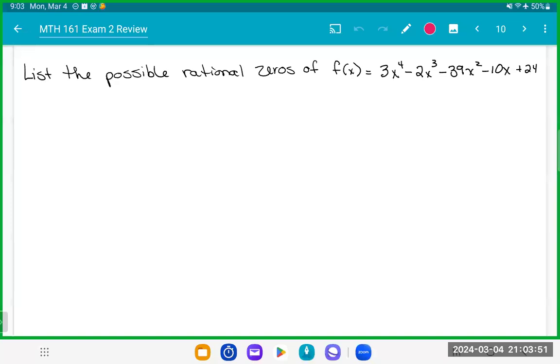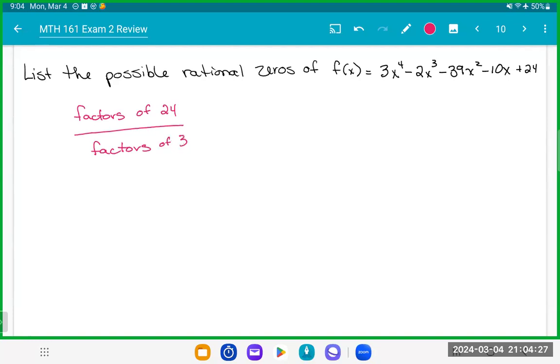All right, so in this one, we're listing all of the possible rational zeros of x, right? So in this case, when we want to look at the possible zeros, we're looking at our factors of 24 divided by our factors of 3, right?